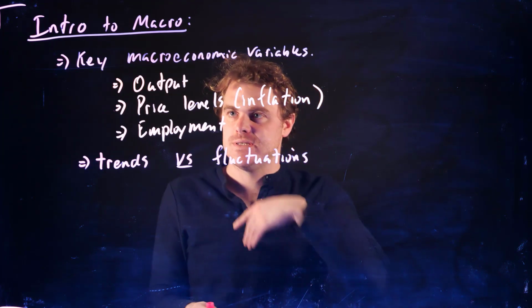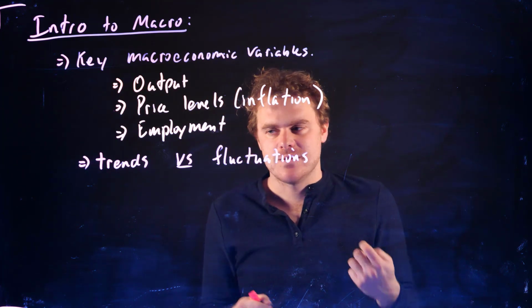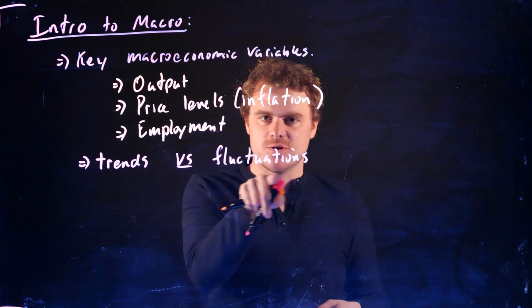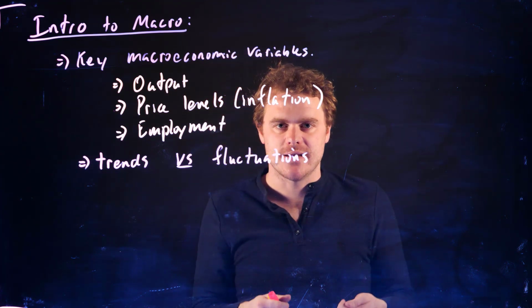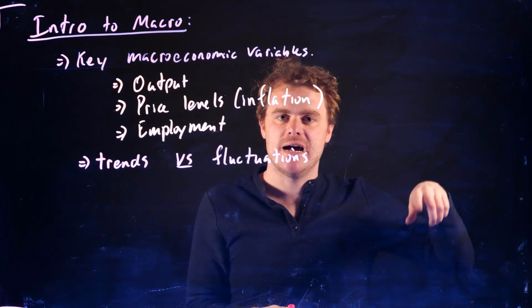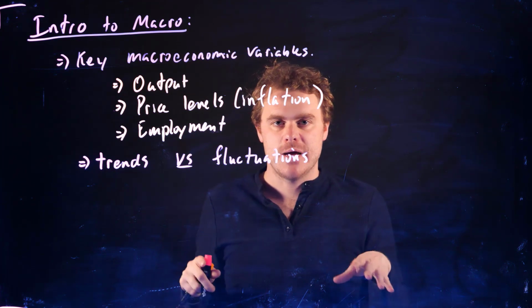For example, is output increasing over a long period of time to give us some economic growth? That's trends. But we're also thinking about fluctuations, which have more to do with the business cycle, the short-term ups and downs of the business cycle. So this is what this module is all about.